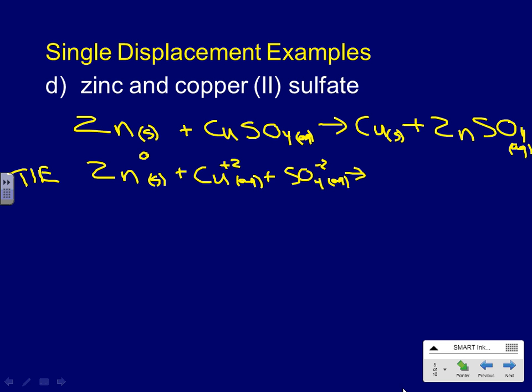Now I've got copper, and this copper has become a solid. It is back into its elemental state. It is an atom. What's the charge on that copper? 0. Cu, solid, 0. I've got to fix the eraser on this thing so I don't have to scribble everything.